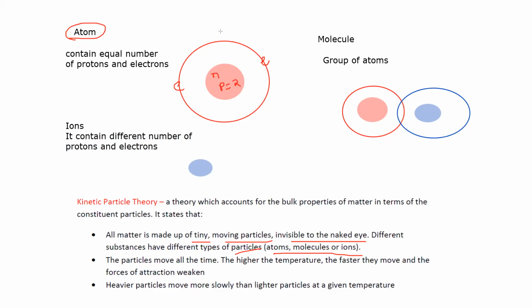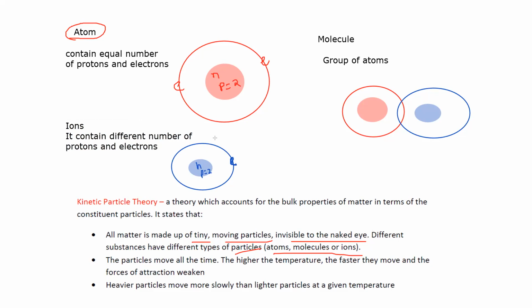So here is a nucleus, and a neutron is there. For example, this contains 2 protons and it only contains 1 electron. So this atom does not have an equal number of protons and electrons, so we call that an ion.